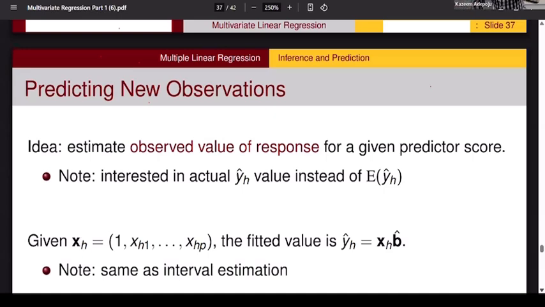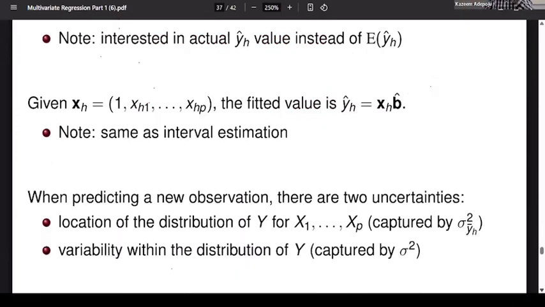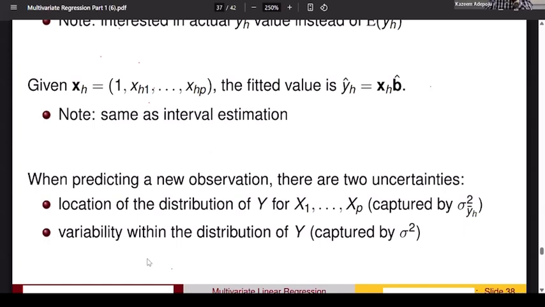That was why I said I want to estimate the observed value of the response for a given predictor score, not an average score now. Pay attention. Whether I'm talking about individual prediction or average prediction, the point estimate is the same.